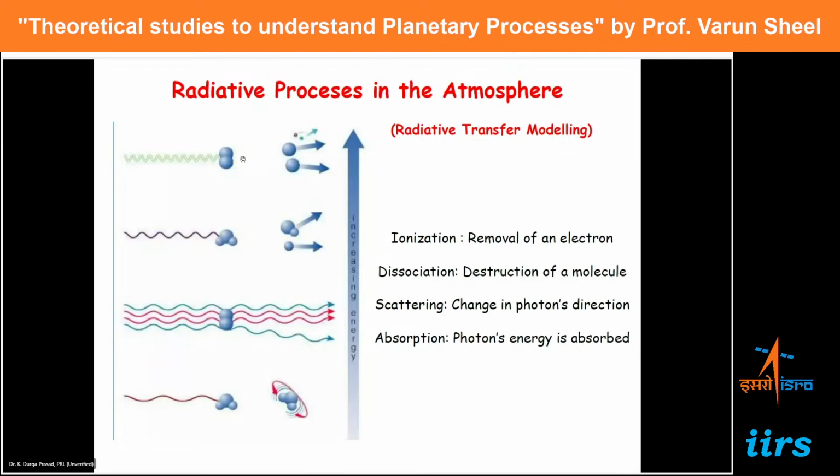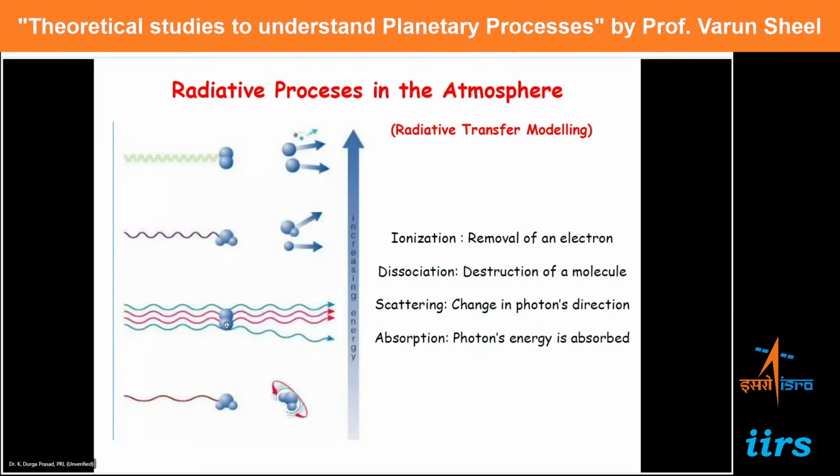Next is photodissociation. When you have a photon, it has the capability of dissociating molecular species. It can destroy a molecule and produce two new species. This is photodissociation.